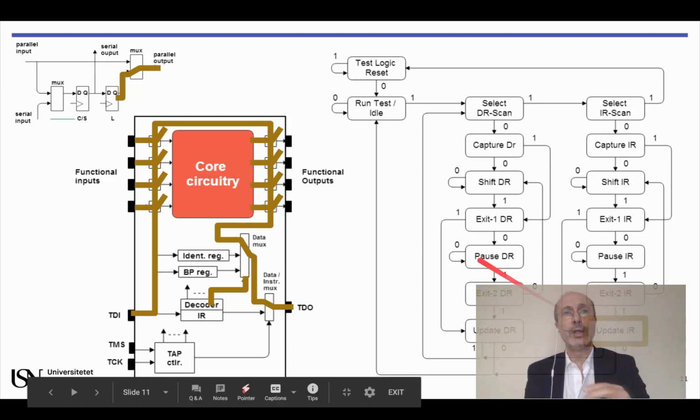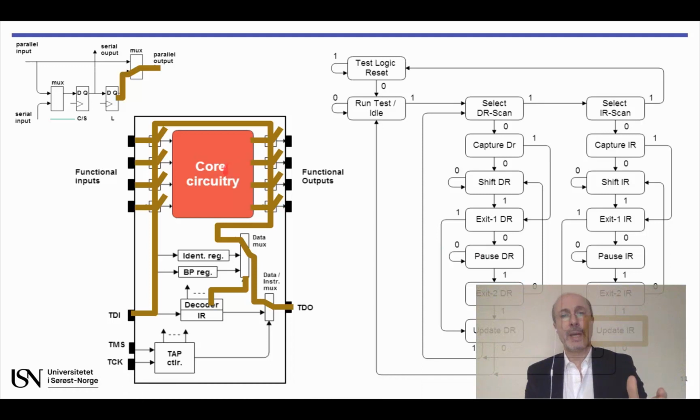And that's when the new instruction is finally seen by the rest of the test logic infrastructure. And consequently, the operating mode of the boundary scan cells will change, as shown here for the case of the external test instruction. All boundary scan cells will in that case switch to test mode, and the pins will disconnect from the core logic.